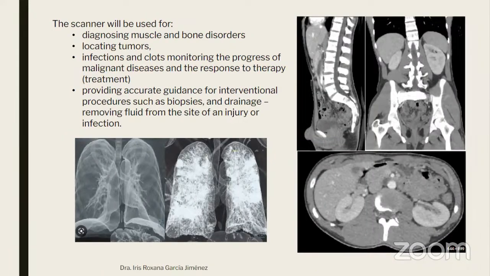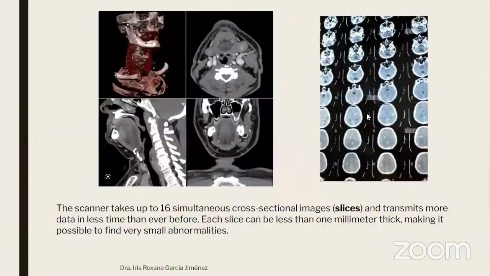This chart, this report, I mean, this picture is not all of the images the CT scan has taken. We have protocols that show us which specific slices have to be there for catching the different anatomical structures, okay? Or we can also check it in video. It's the way we can work. As you can see, the scanner takes up to 16 simultaneous cross-sectional images, slices, and transmits more data in less time than ever before.